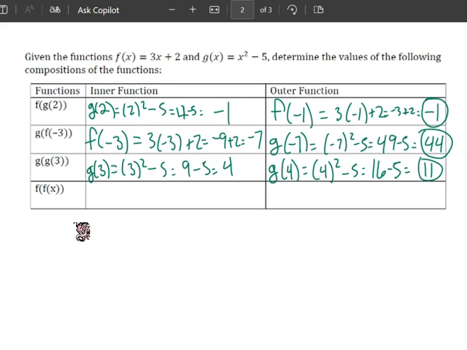On the last one, we have f of f of x. There's another iteration where you use the f formula twice. But we're going to still have a variable at the end. f of x is just 3x plus 2, which was our given. And now we're going to plug in 3x plus 2 into the formula.